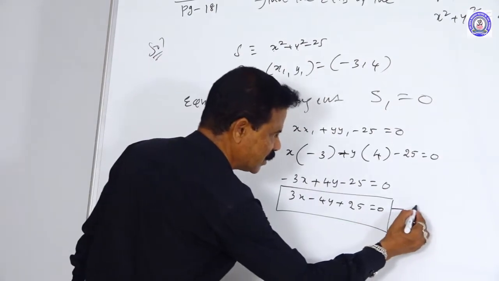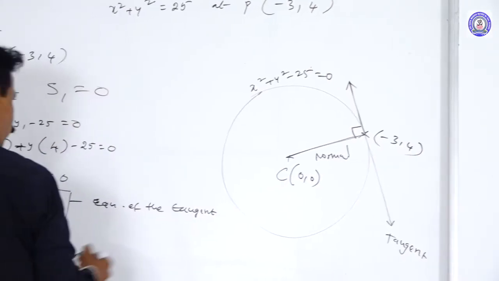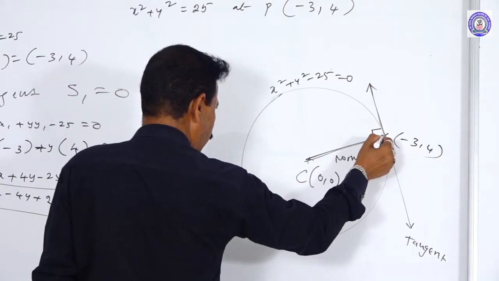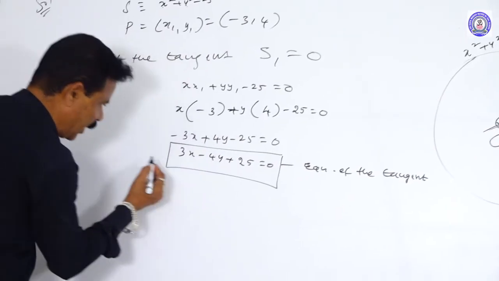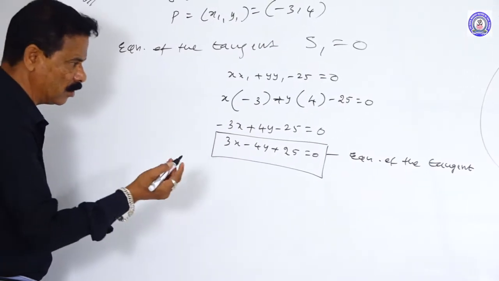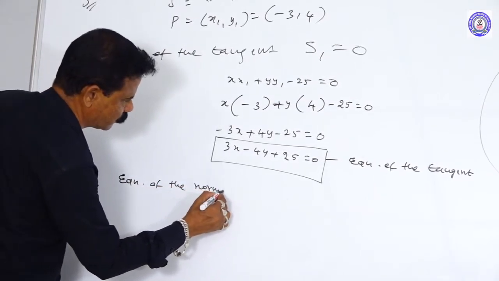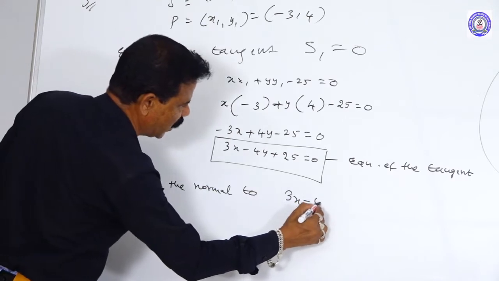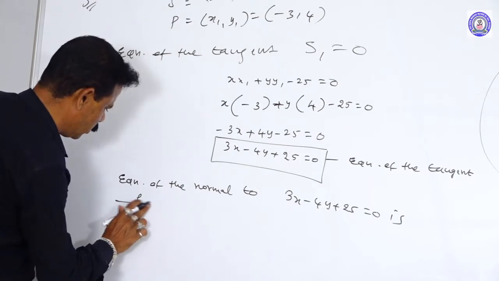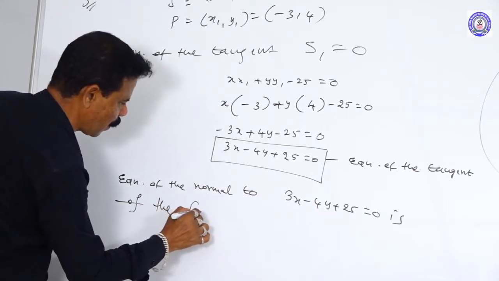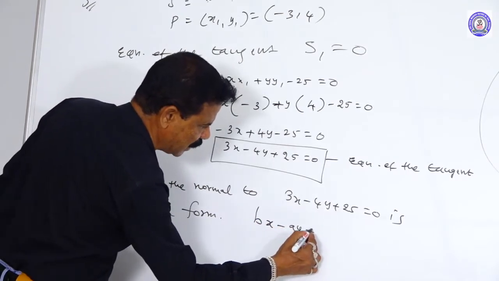Equation of the tangent, it is according to the center 0 comma 0. And we find the normal also. This normal passes through the center of the circle. So this tangent is converted to normal. So the equation of the normal to 3x minus 4y plus 25 is equal to 0 is of the form bx minus ay plus k is equal to 0.